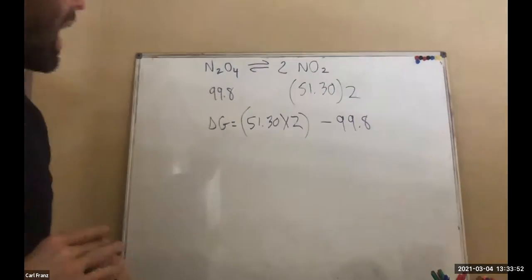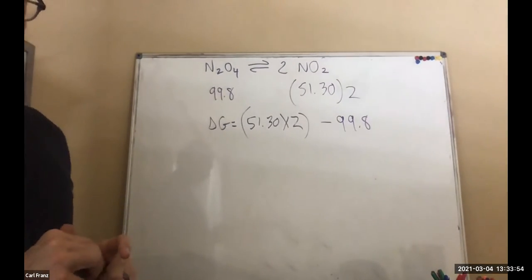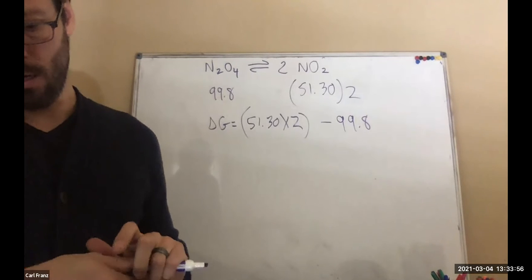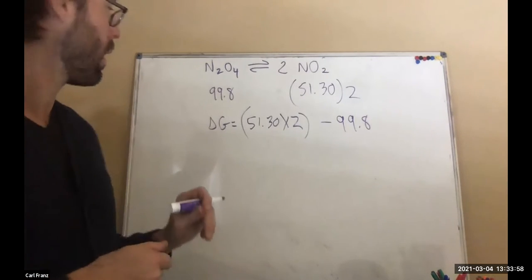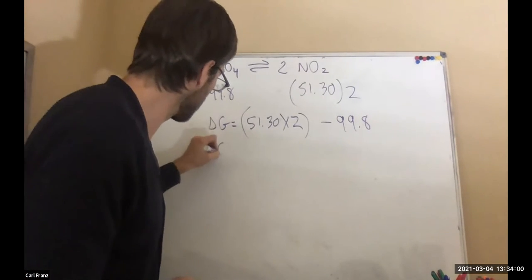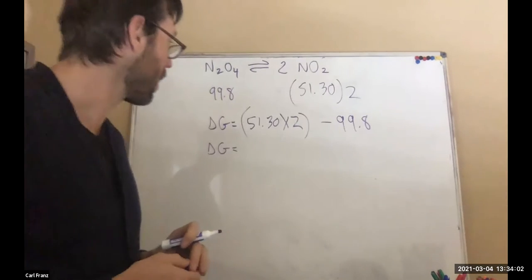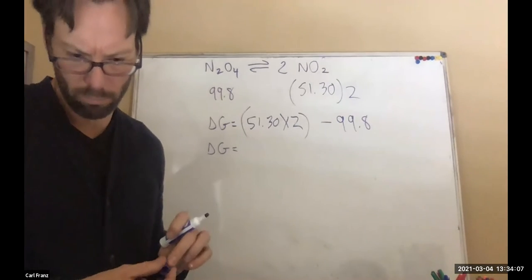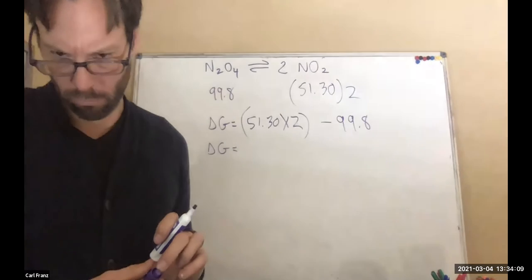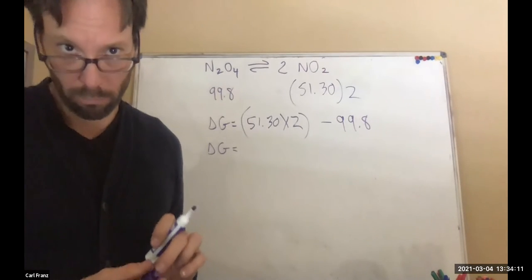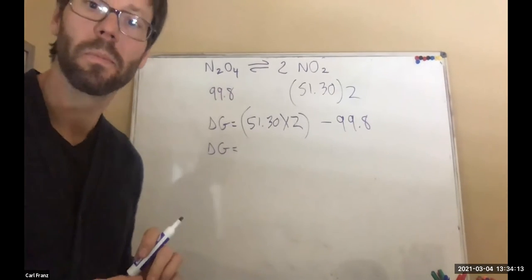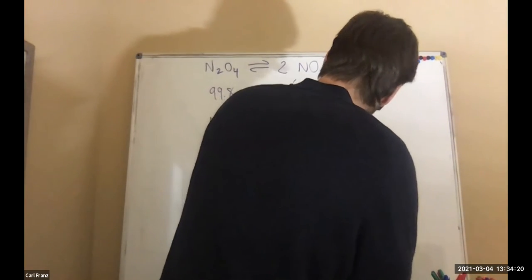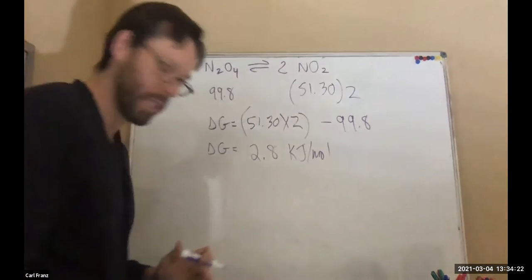Okay, what do you guys get for that? 102.6 minus 99.8. 2.8. And then what are our units? They're kilojoules per mole. Okay.